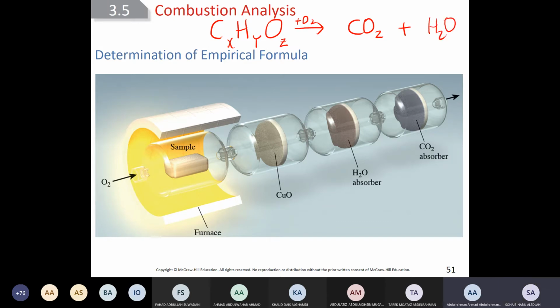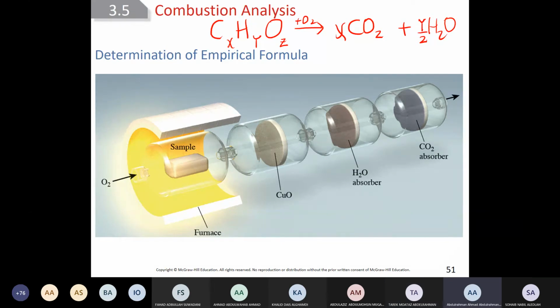Water, H2O. All right. What are you going to put here beside the C if I want to balance it? X here, and Y after, before H. And it's now balanced. Okay, excellent.